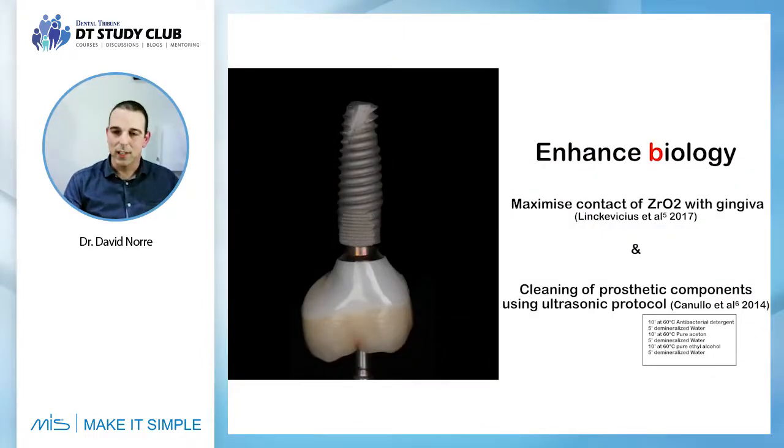The zirconia in contact with the gingiva is biocompatible, and you need clean parts. How we can create clean parts is a completely other story, but for me it's very important to have the pieces coming through the gums. The first 1 millimeter has to be perfectly clean. So read the literature about cannula or some detergent, how to clean the abutments. It's very important if you work with implants with a conical connection.